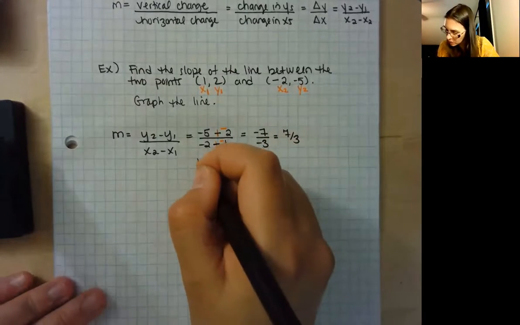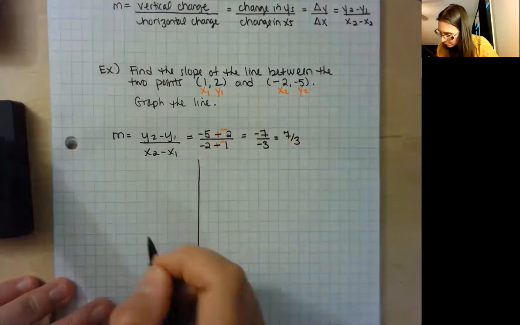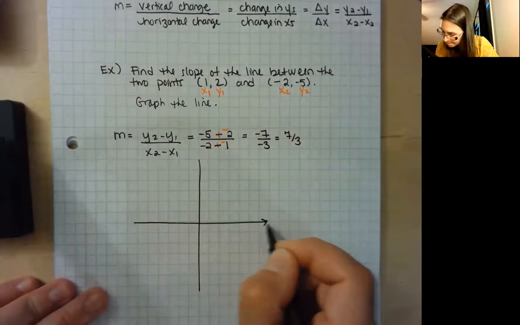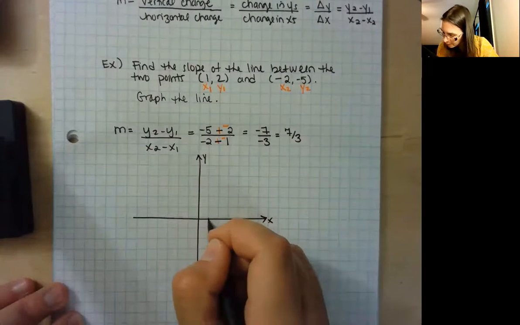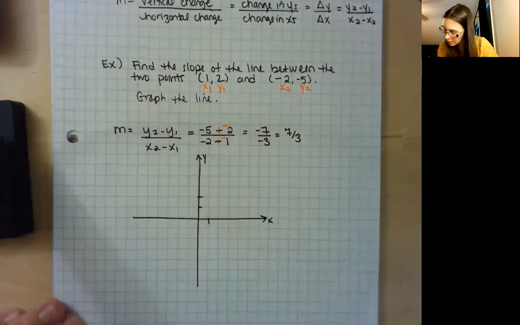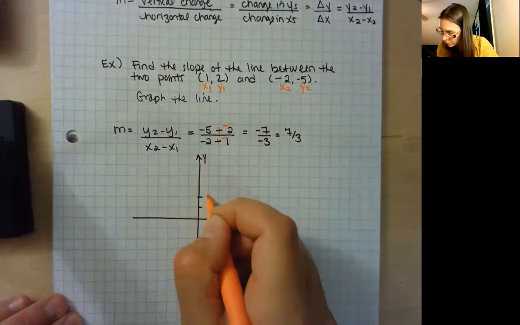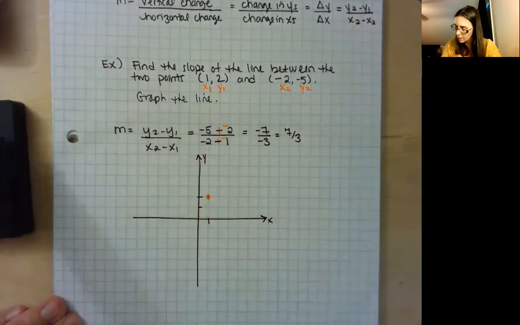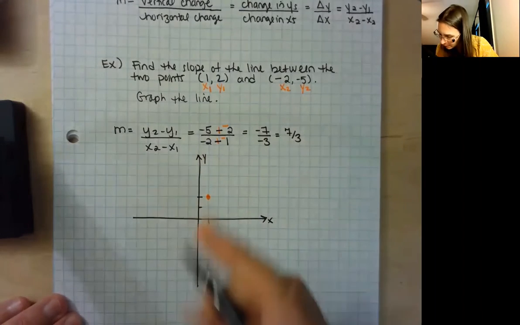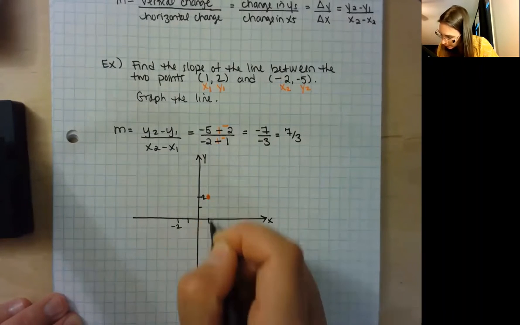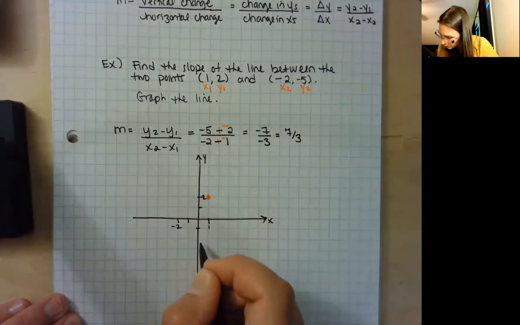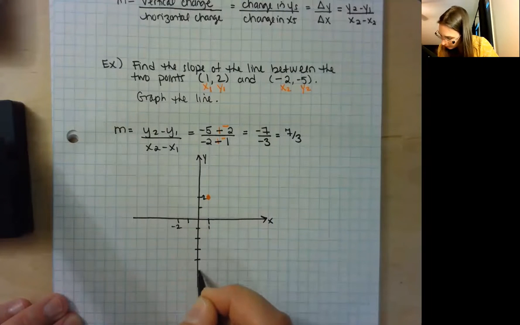And I'm also going to graph this just so you can see what it looks like. All right, so there's 1, 2. So here's my first point, (1, 2). And then let's see, we got to go down to -2, and then 1, 2, 3, 4, 5.